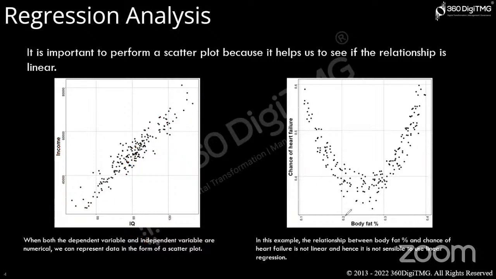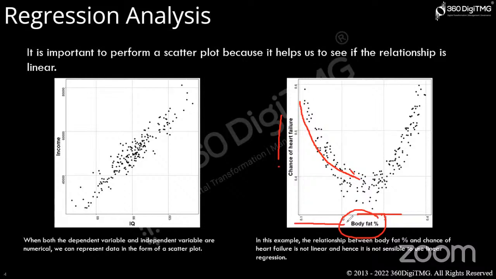Here we have taken body fat percentage and chance of heart failure. Whenever body fat is decreasing, the chance of having heart failure is decreased. And then at one point, even though the body fat percentage is increasing, first what happened?